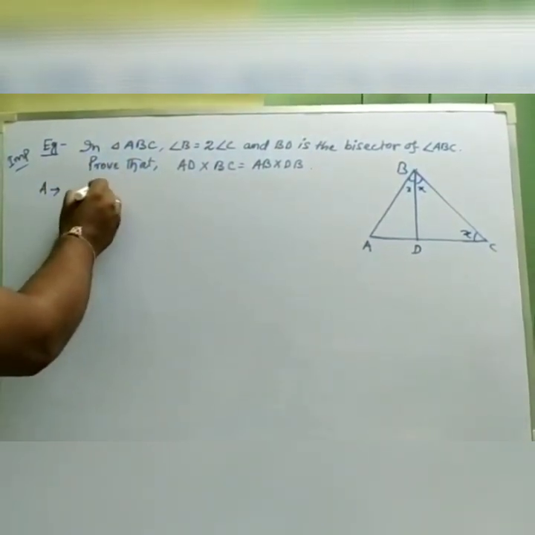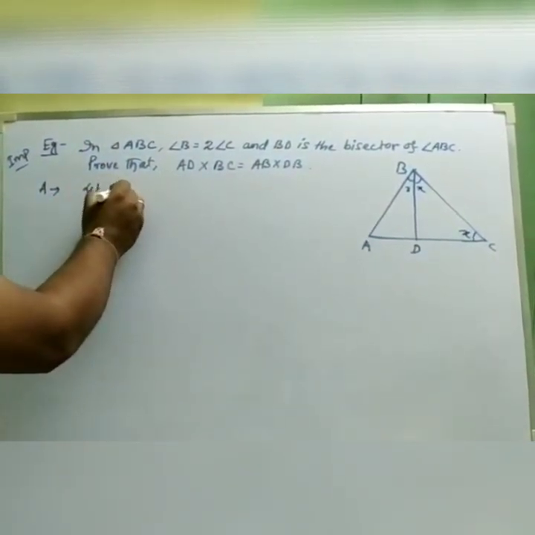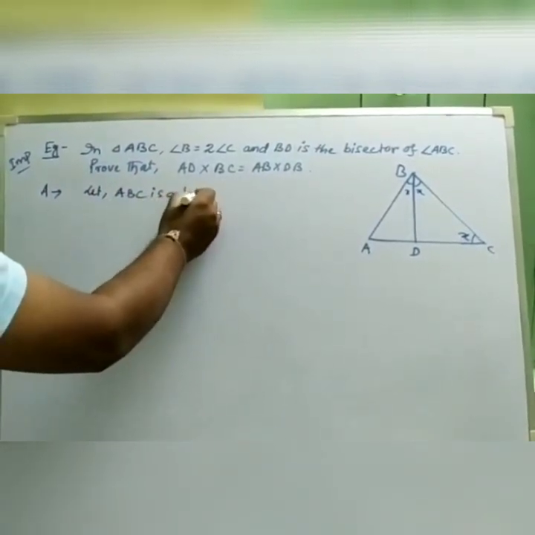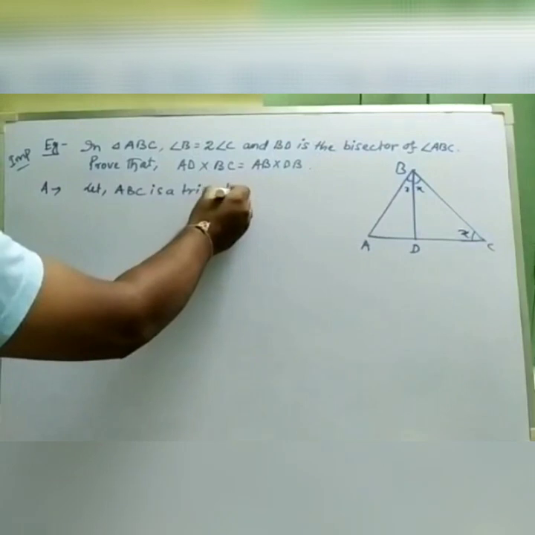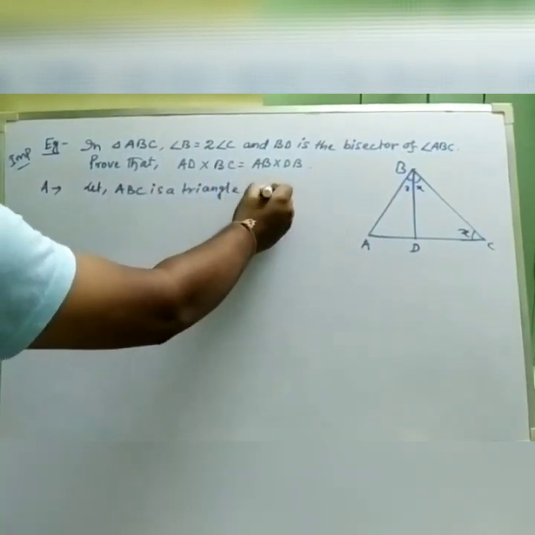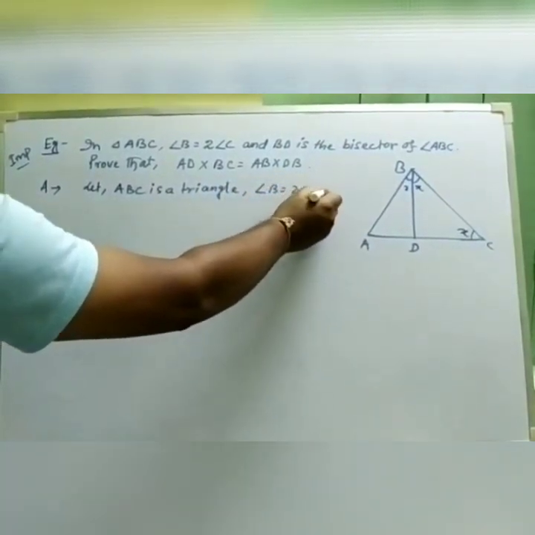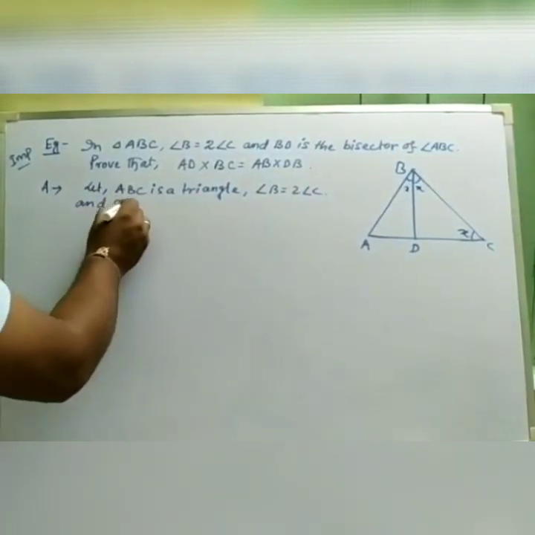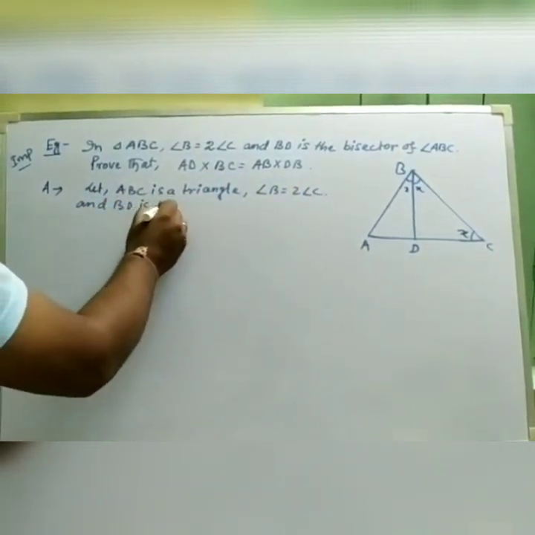Whatever is given, let ABC be a triangle, angle B equals twice angle C, and BD is the bisector of angle ABC. Whatever is given, that you need to write.